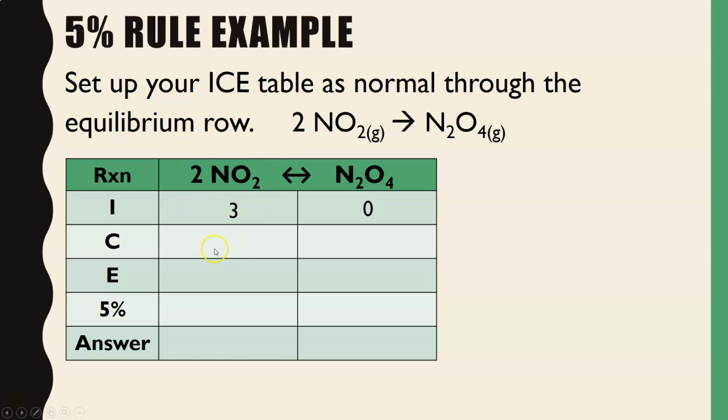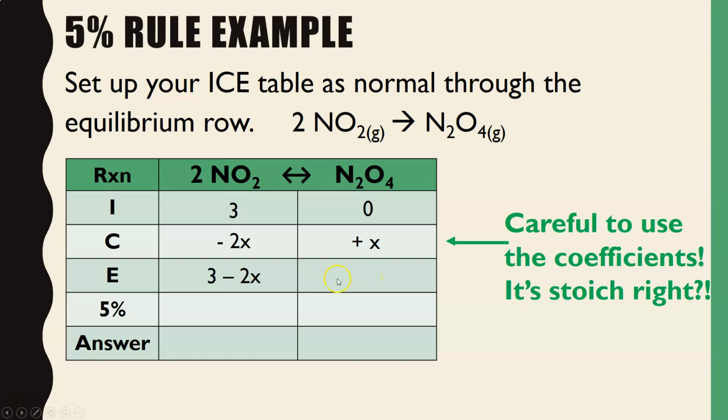So it's not minus x, it's minus 2x. Over here, every time 2 of these get used up, 1 of these gets made. So this is a plus x. At equilibrium, it'll be 3 minus 2x, and this will be x.